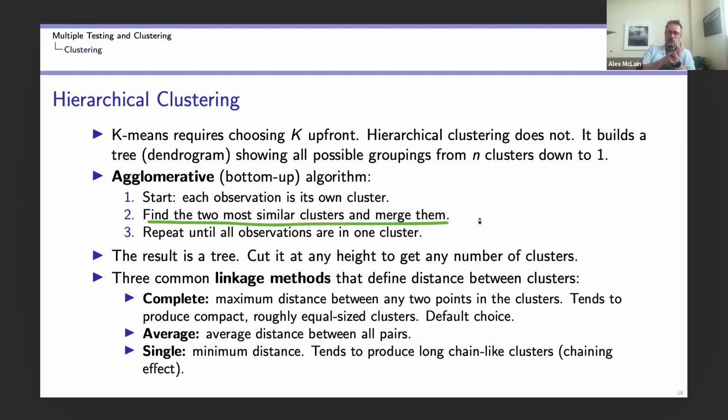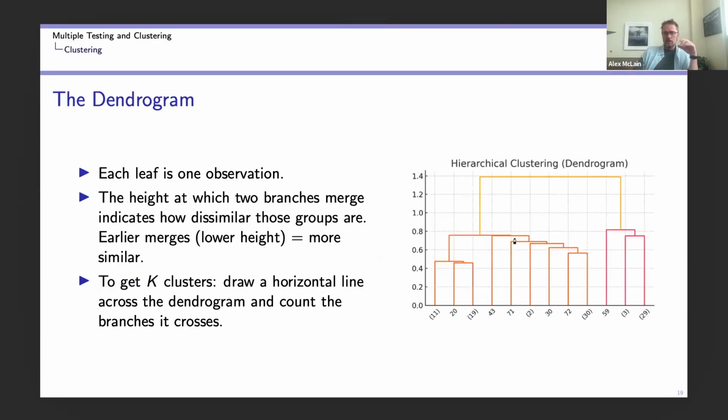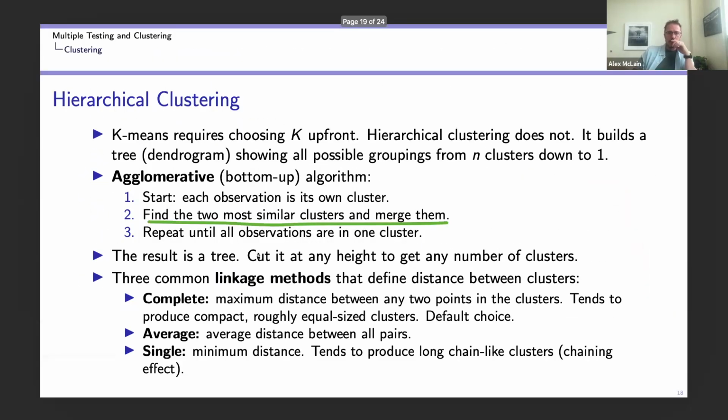We merge them into a cluster. Then we do the same thing, and the same thing, until all the observations are in one cluster. So the result is a tree, like you see on the right here. This is the dendrogram, and you can cut it at any height to get how many clusters you want.